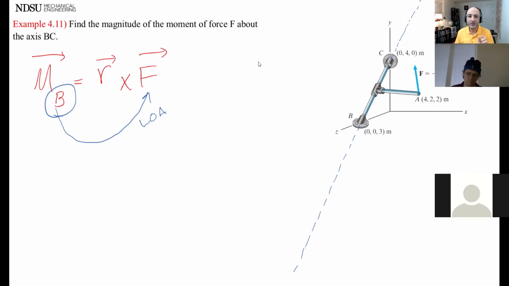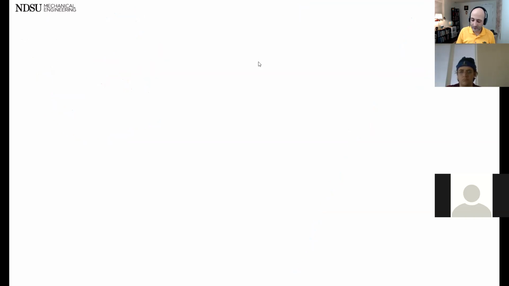It's only a magnitude? Magnitude, yes. So this also tells us to find a magnitude. It could very well say find a moment, which could mean the vector, but right here it's only focusing on the magnitude. So that's another little detail.